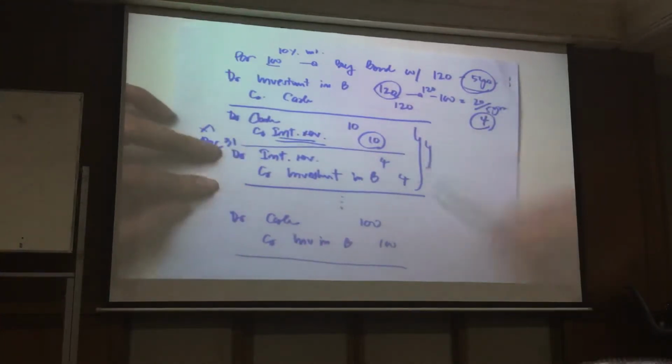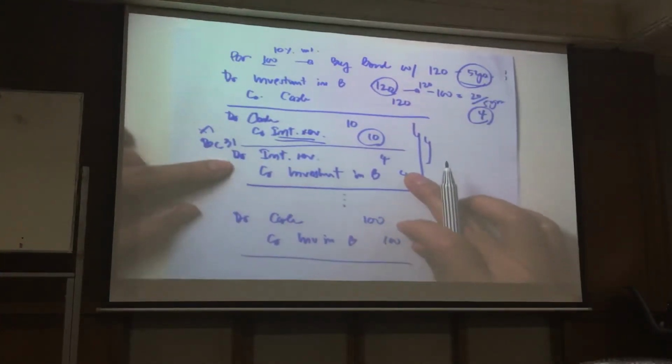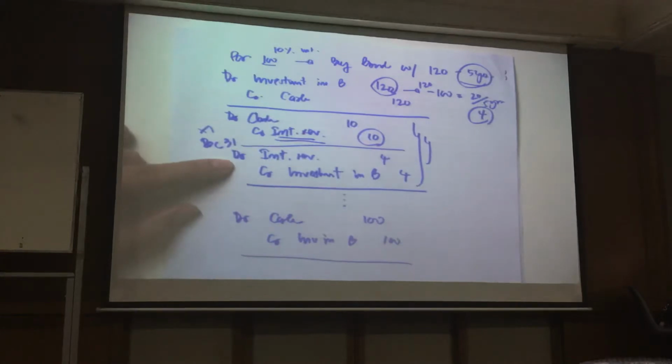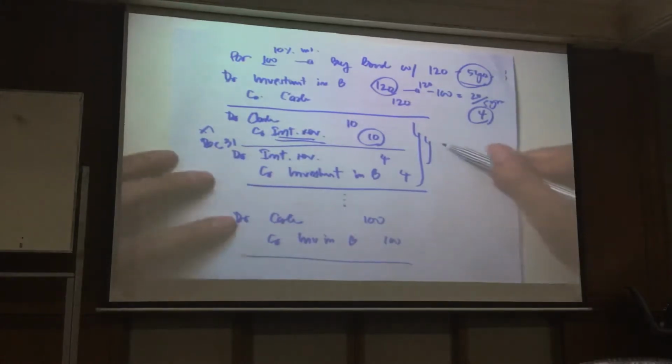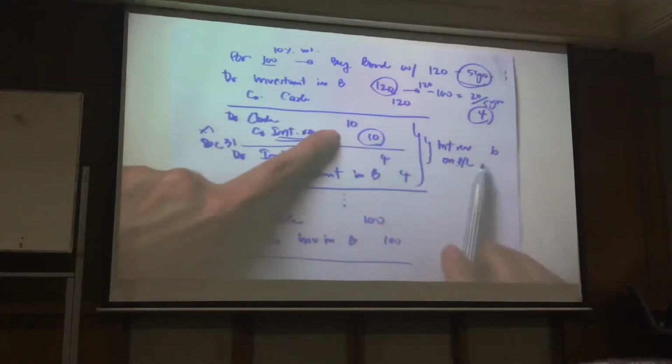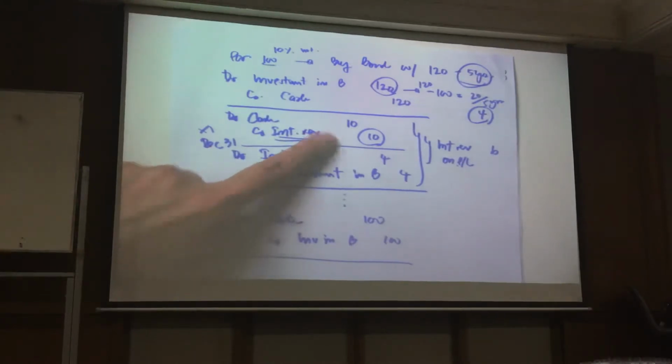But in the P&L, how much interest revenue is reported? Only 6. Interest revenue reported on the financial statement is 6. Cash is 10, revenue is 6. What happened? You have to do something with the statement of cash flows.